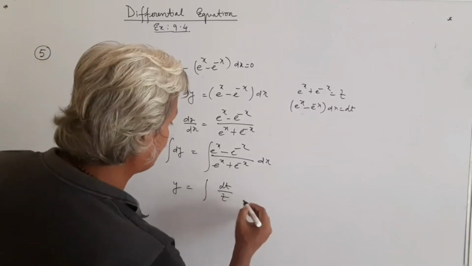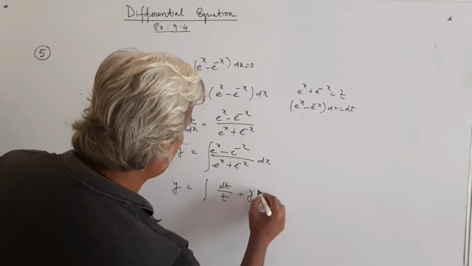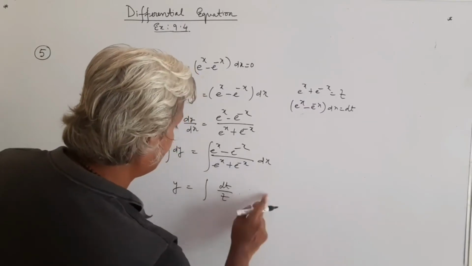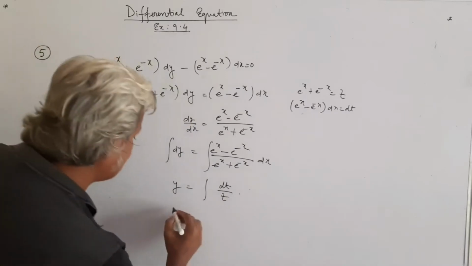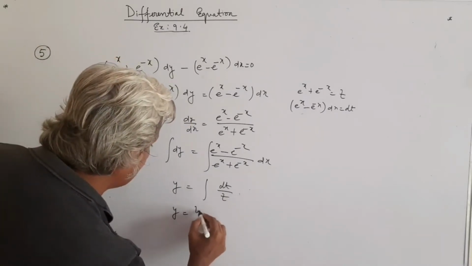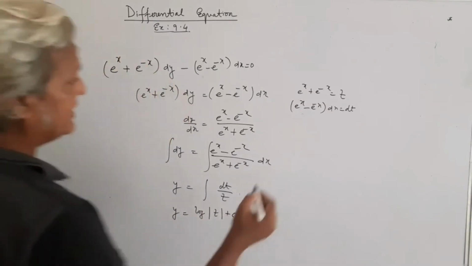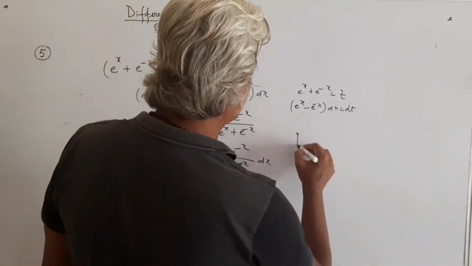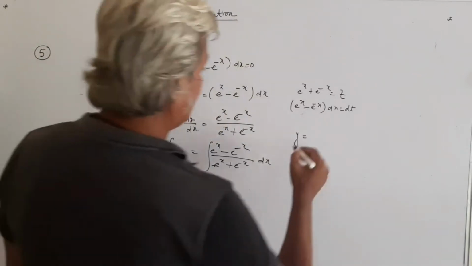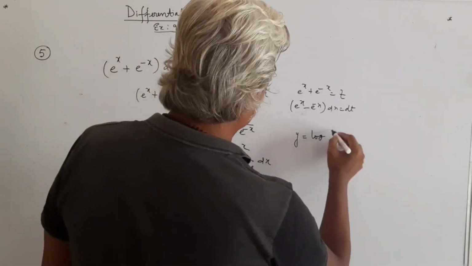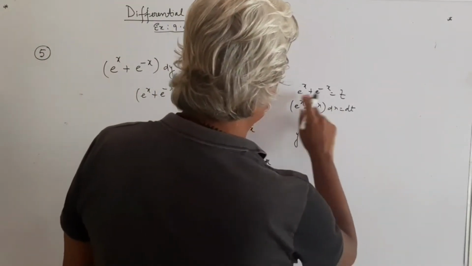Now on integration this becomes log mod t. So I write the next line, y is log mod t plus c. Now my final answer will be y is log mod t. What is t?